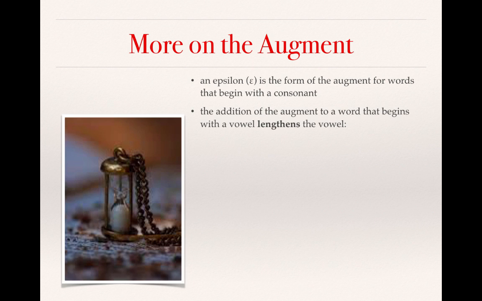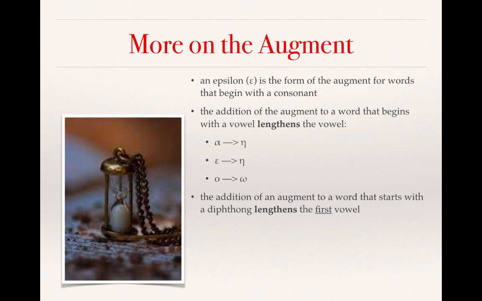Essentially, when you add an augment to the beginning of a word that starts with a vowel, that original vowel lengthens. So for example, alpha would become eta, epsilon would also become eta, and omicron would become omega. This is true as well if the word starts with a diphthong.